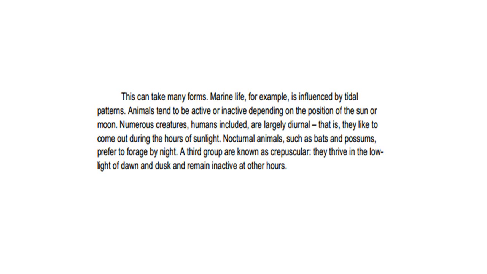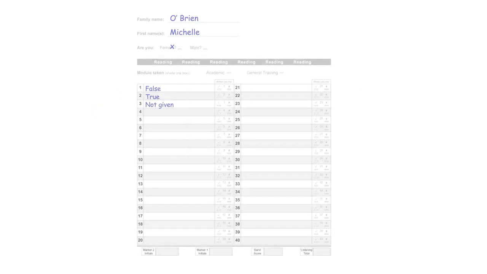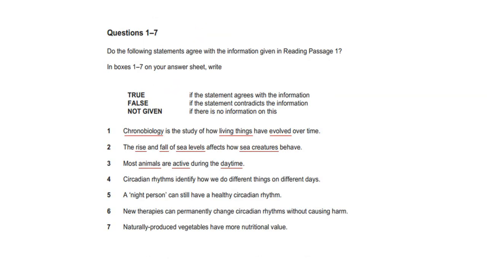Numerous creatures, humans included, are largely diurnal, that is, they like to come out during the hours of sunlight. It doesn't actually say. So again, quickly go to your answer sheet and write not given for the third answer. Then go back and read statement 4 in the questions.